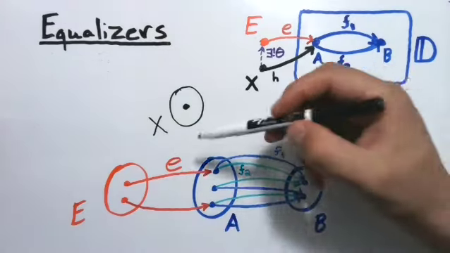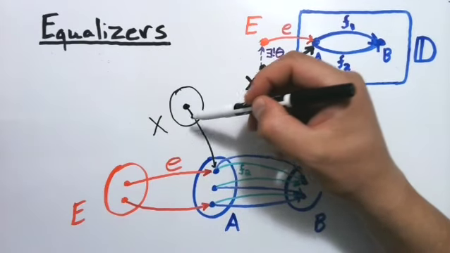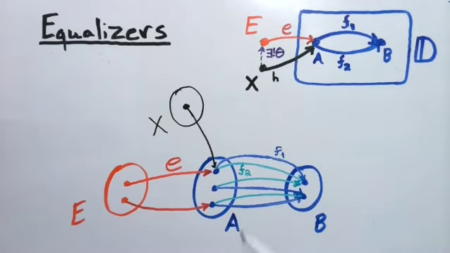So for example, we could have this singleton X here with just a morphism going into this top element here because this top element agrees. So the commutativity property holds. And we know that X and this morphism here, which we might call H, form a cone over the diagram D as well.